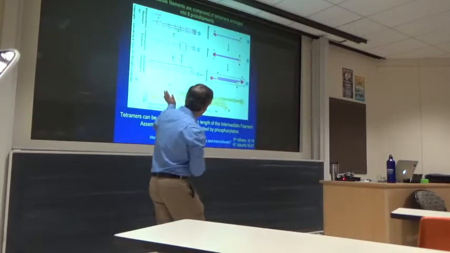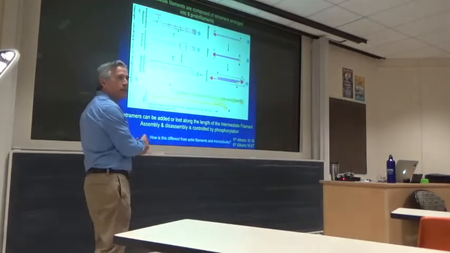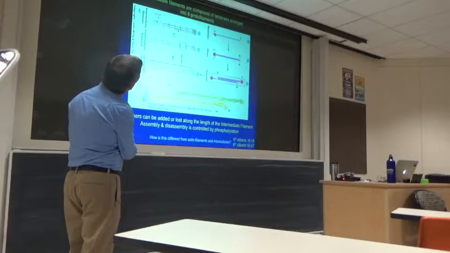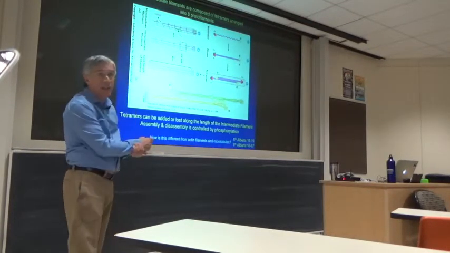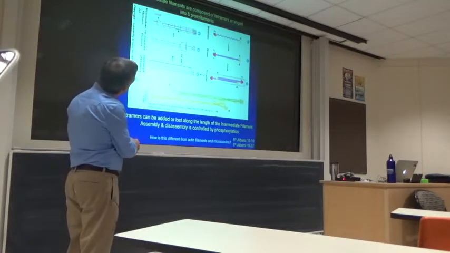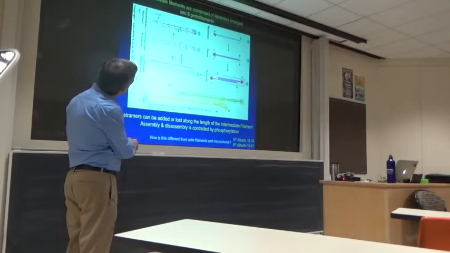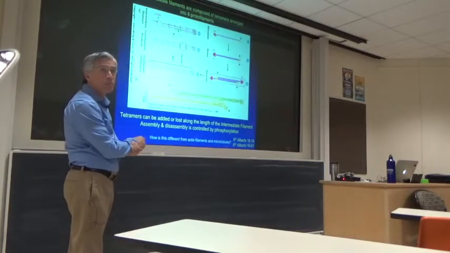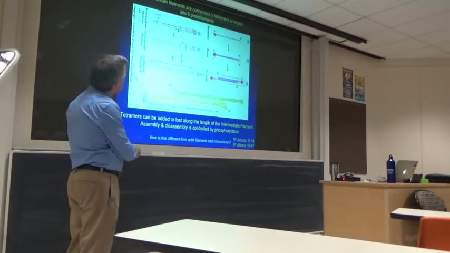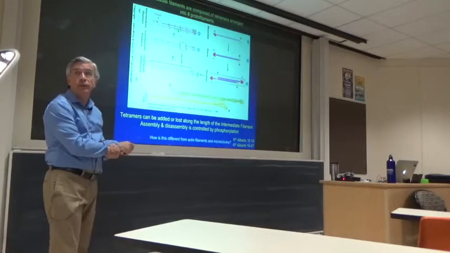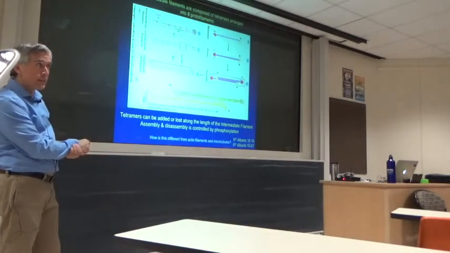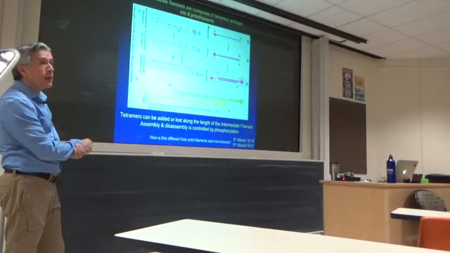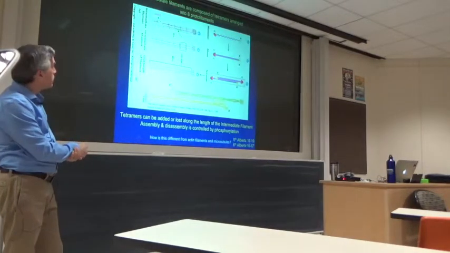In this figure, I just flipped it 90 degrees so it fits better. This subunit, which is this cylinder, which represents a tetramer, can come off from there, leaving an empty spot that can be filled in by a brand new subunit. So there can be a lot of remodeling of intermediate filaments in the cell, simply by changing subunits in the middle of the filament.